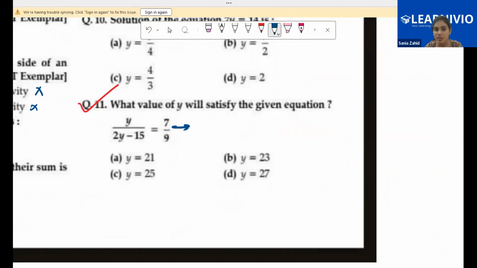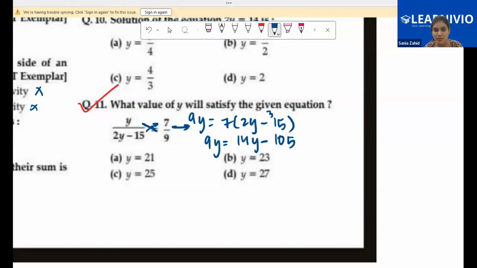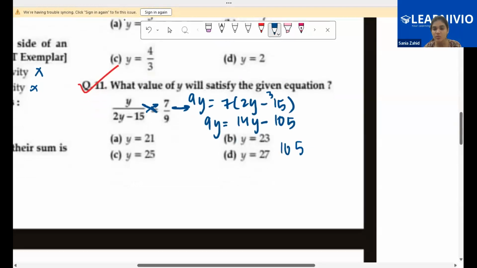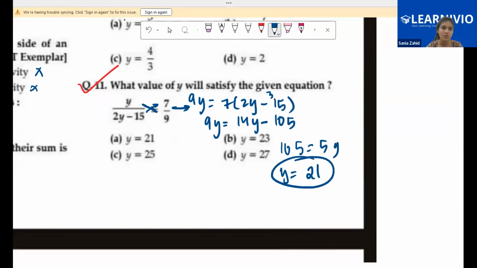I get 9y equals 7 into 2y minus 15. So you get 9y equals 14y minus 105. So 105 equals 5y. So y equals 21. Option A is correct.